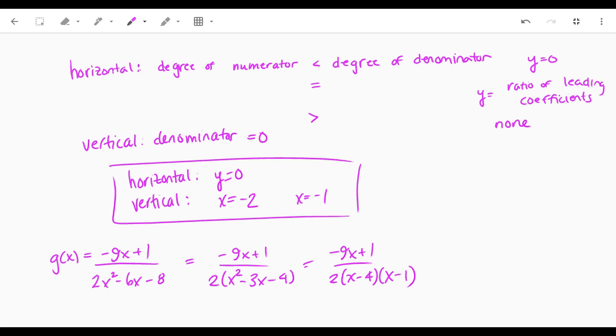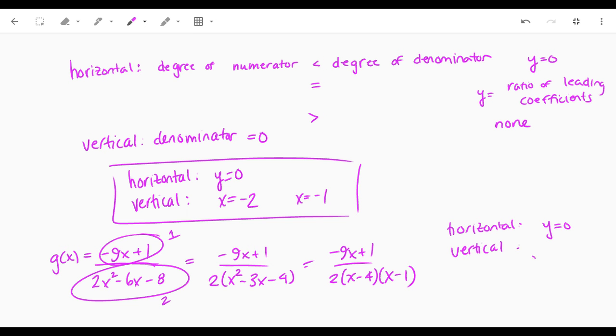Okay, so our horizontal, since the degree of the numerator is 1, right? This is degree 1 because it's x to the first power. The degree of the denominator is 2. So the numerator has a smaller degree than the denominator, so it's y equals 0. And then your vertical, what will make that denominator 0 will be if x is 4 or x is 1.